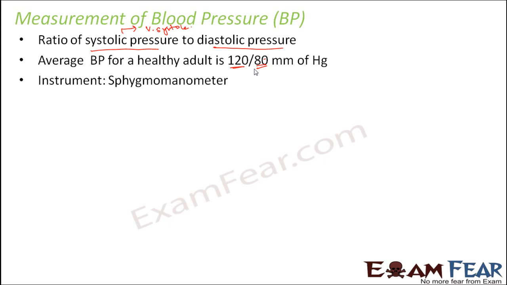Now there is an instrument which is used for the measurement of blood pressure, and it is known as sphygmomanometer. You would have seen this if you have ever been to get your blood pressure checked. How do you check blood pressure with the help of this instrument?